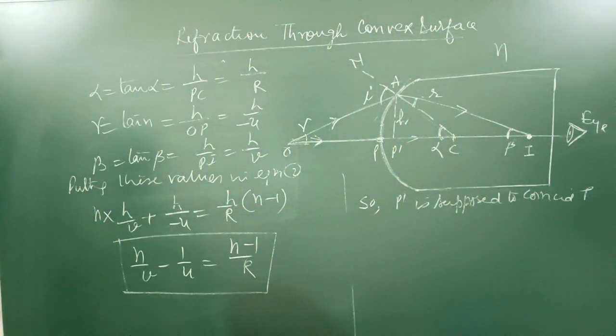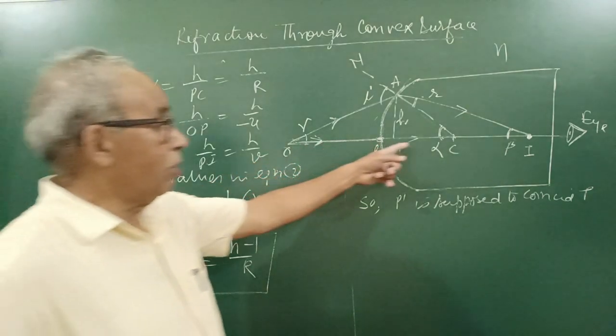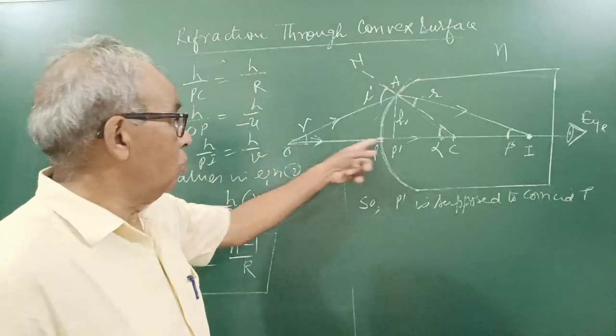Now for a convex surface, R is always positive and U is always negative.